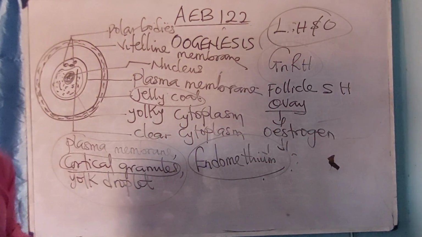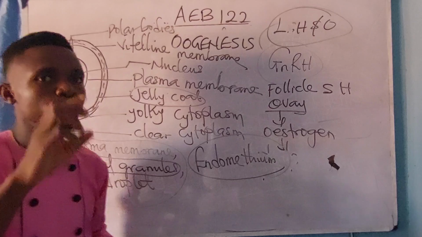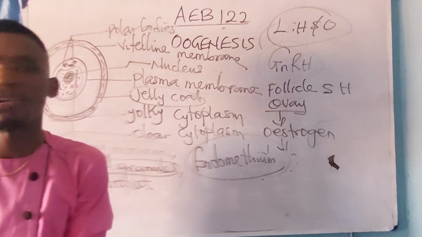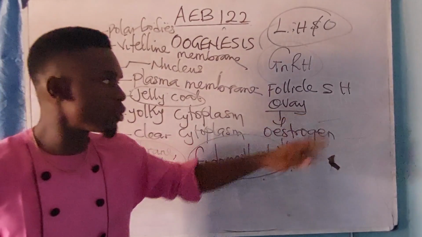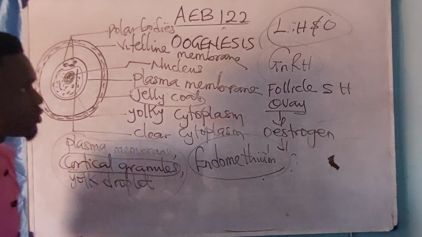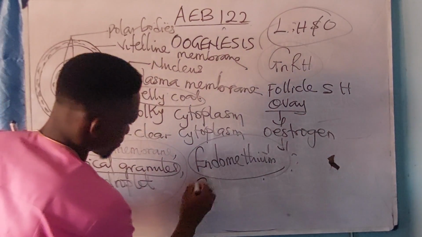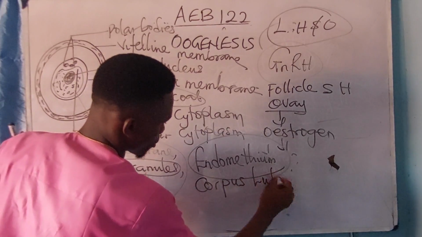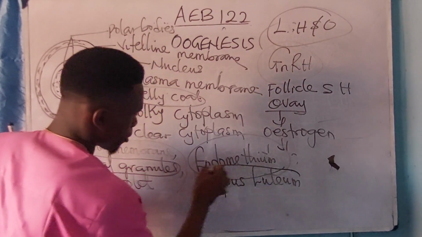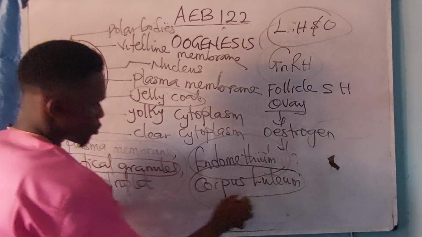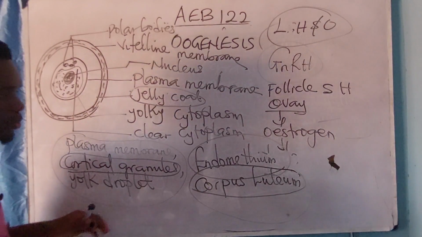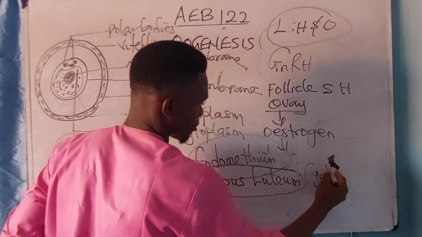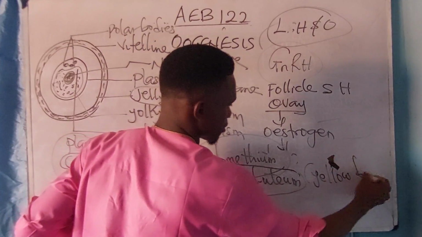Now, please take note. The Graafian follicle that was produced from the primary follicle. Now that the primary follicle develops into the Graafian follicle, the Graafian follicle will now develop into what is called corpus luteum. The corpus luteum is what the Graafian follicle is developed into, and this corpus luteum is actually a yellow body.